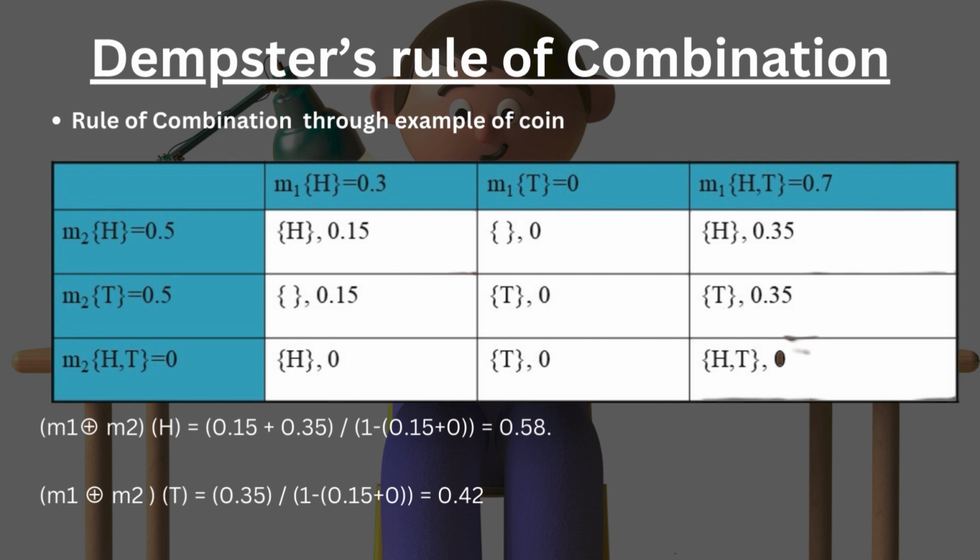This calculates the combined belief for the proposition the coin is tail based on both pieces of evidence. So, the interpretation can be that the combined evidence suggests that the coin being tails has a belief of 0.42. The rule of combination takes into account support for head and tail from both pieces of evidence and provides a new belief function that reflects the combined strength of belief.